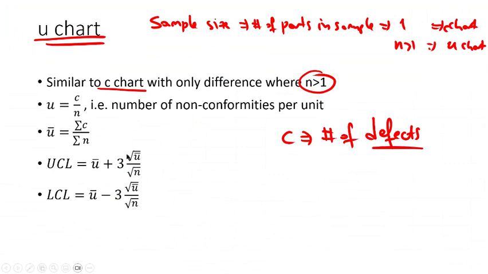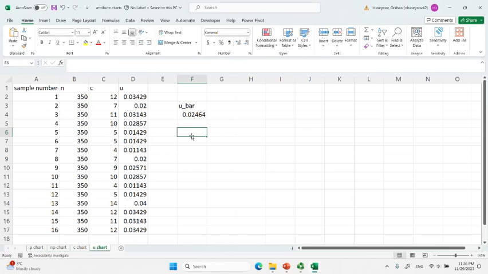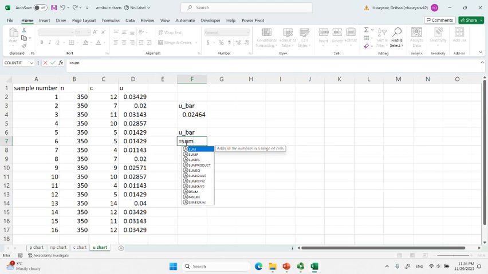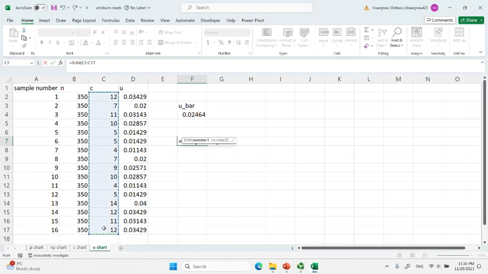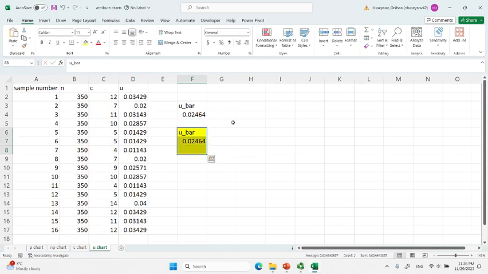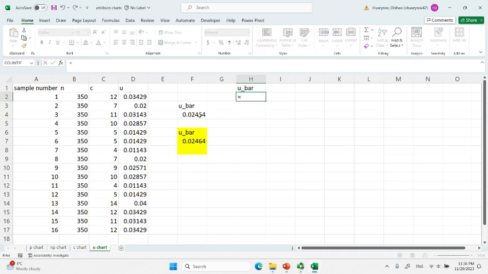Or you can use the formula here: add all the C's and divide by the sum of all the n's. As you can see, they are the same. So you can use the easy one or the hard one. And this is the center line, U bar.